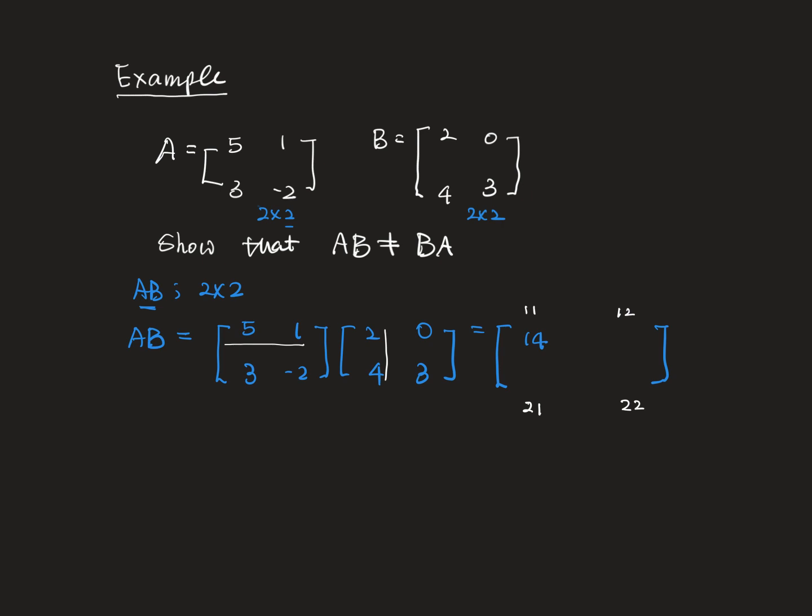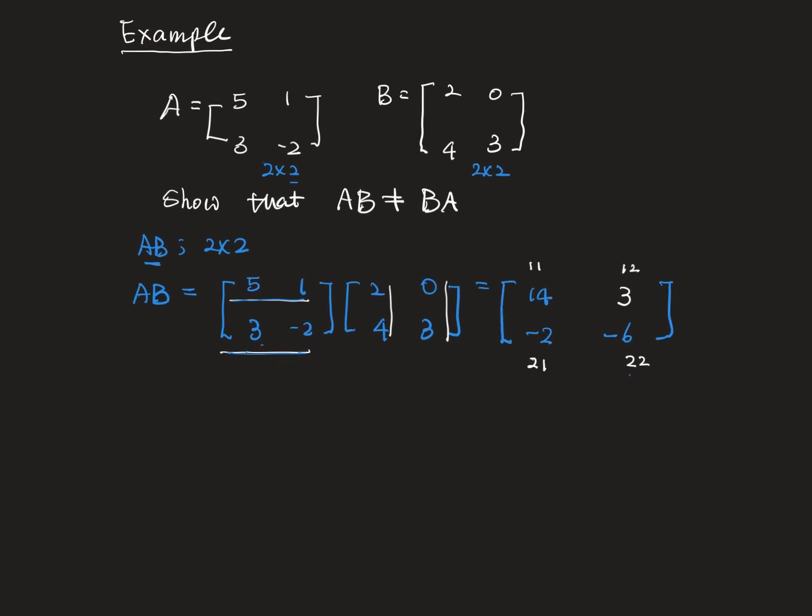First row, second column: 5 times 0 is 0, 1 times 3 is 3. Second row, first column: 3 times 2 is 6, negative 8, so negative 2. All right? Last one, second row, second column: negative 3, negative 2, 0, 3. So this one is negative 6. Everyone got the same thing?